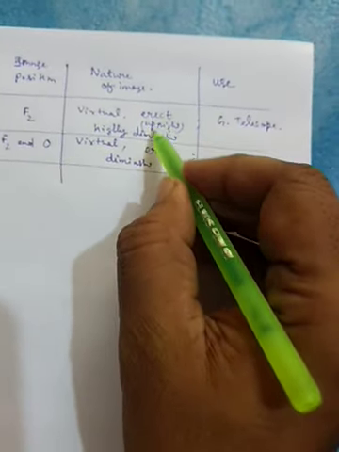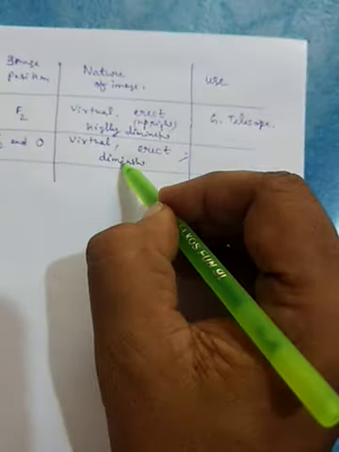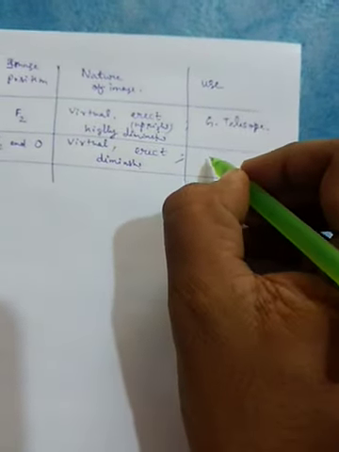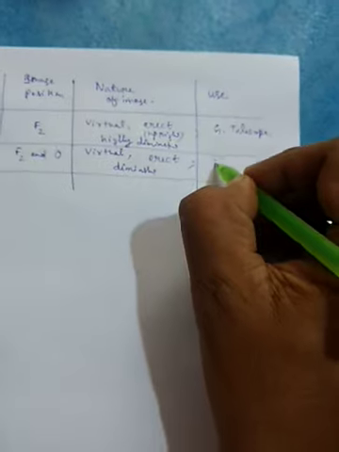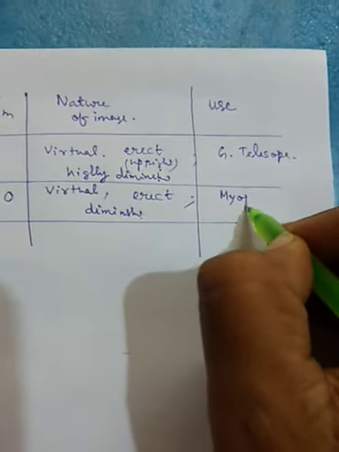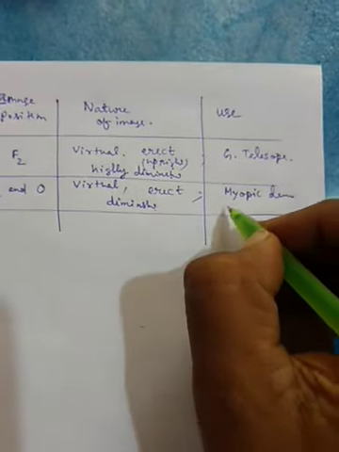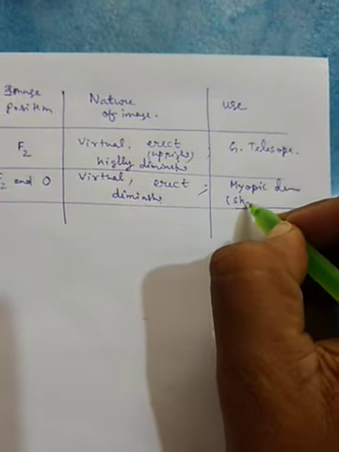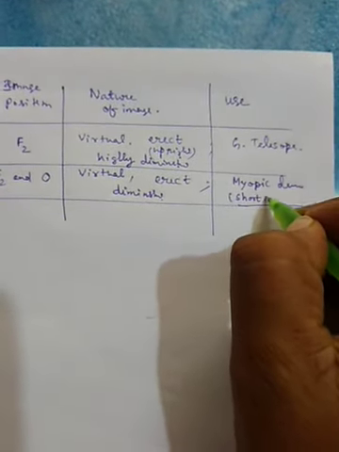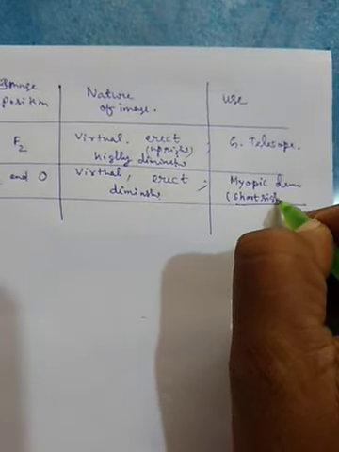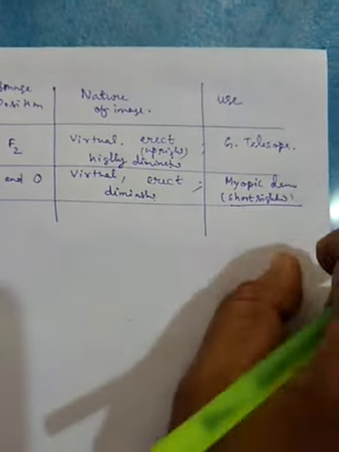That means the image size increases from position 1 to position 2. It can be used for myopic disease. Myopic disease means short-sightedness. The short-sightedness problem can be rectified by using a concave lens.